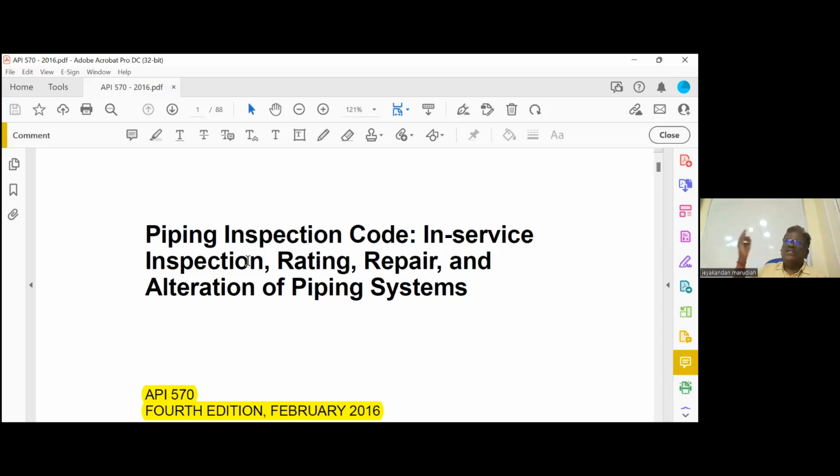A piping retired from the service, removed from the service. The third one is abandoned pipe. Abandoned means it is in the location, but we have no intention of future use. We are not going to use it again. We just leave it like this. It's properly isolated, but we are not going to use it. That is called abandoned pipe. A common example: if we travel on highways, we can see some abandoned vehicles on the roadside, because they are severely damaged, and the people just left them there.